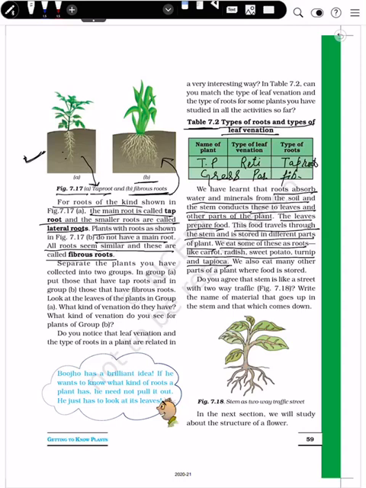Sometimes many other parts of the plant are there where food is stored.